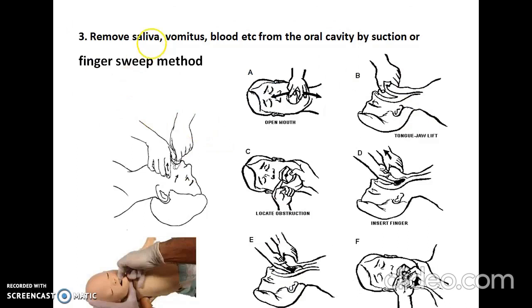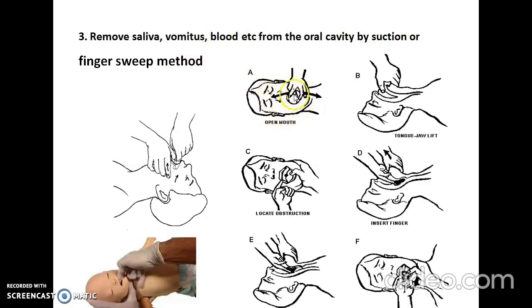The first thing, you have to remove the saliva, otherwise aspiration may happen. It should be prevented. Sometimes vomitus should be removed, or if any bleeding has happened, the blood and any other things present in the mouth should be removed. This can be done using suction pipes, or by a very simple technique, the finger sweep method. With the help of the picture, you can observe it.